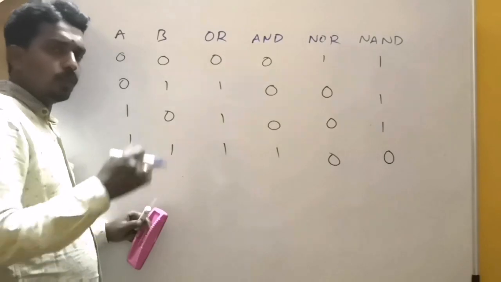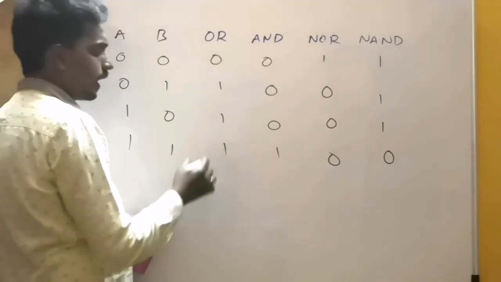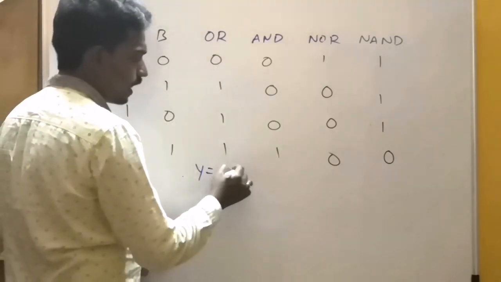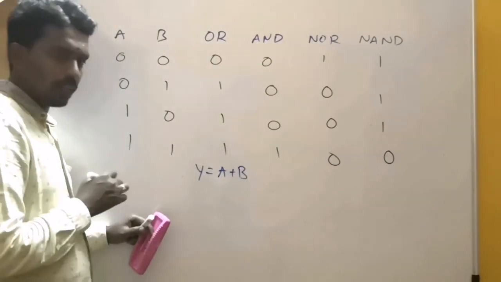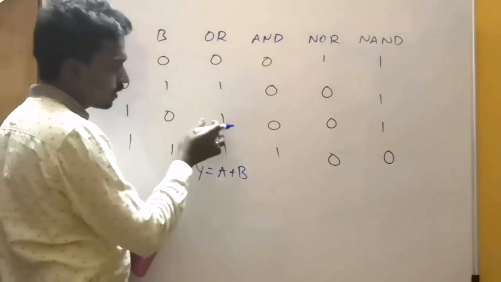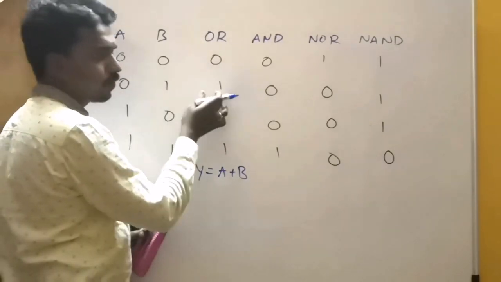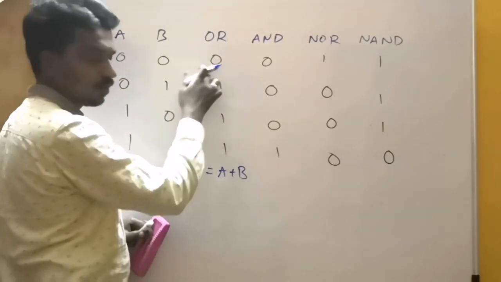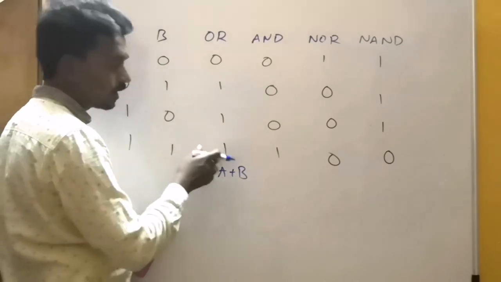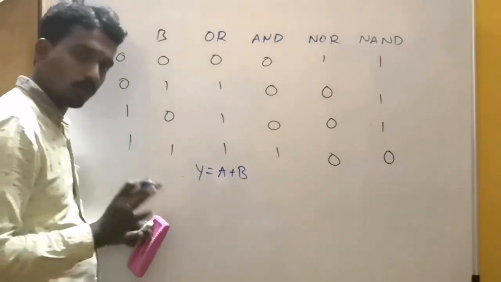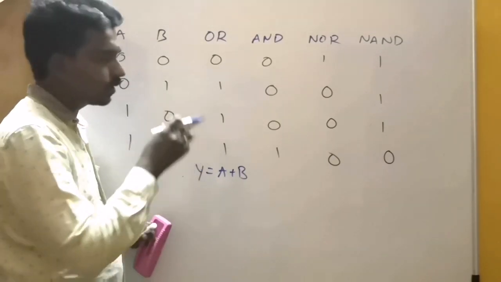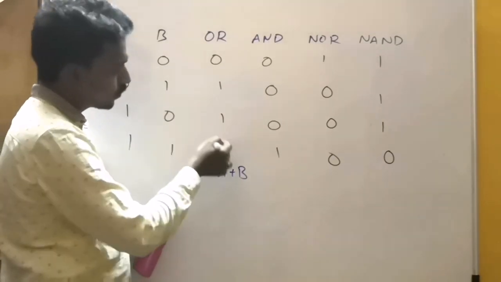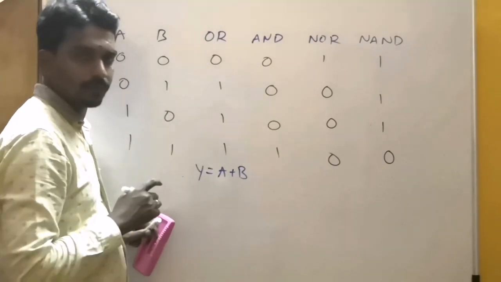According to Boolean expression, the OR gate is nothing but A plus B, addition. Here 1 plus 0 is 1, 0 plus 1 is 1, 0 plus 0 is 0. Also 1 plus 1 is 1. 1 plus 1 is 2, we all know it, but according to digital electronics, according to logic gates, 1 plus 1 is how much? 1 only.